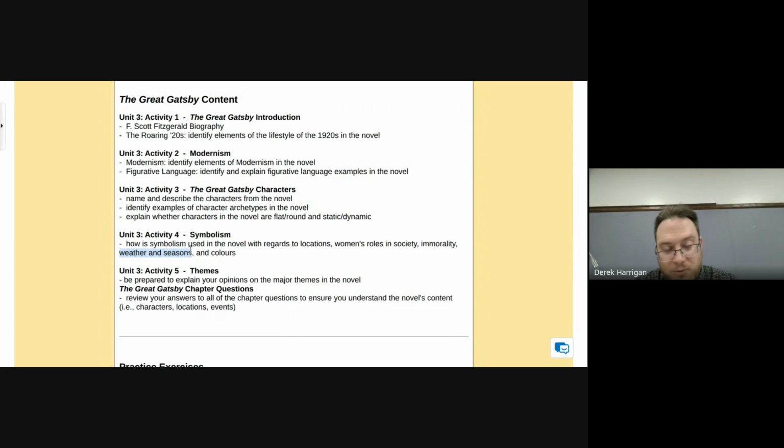That one I really like, weather and seasons. You'll notice whenever the weather or the seasons change in the book, the entire mood of the book changes, right? If it rains in one of the chapters, that's symbolism to something.